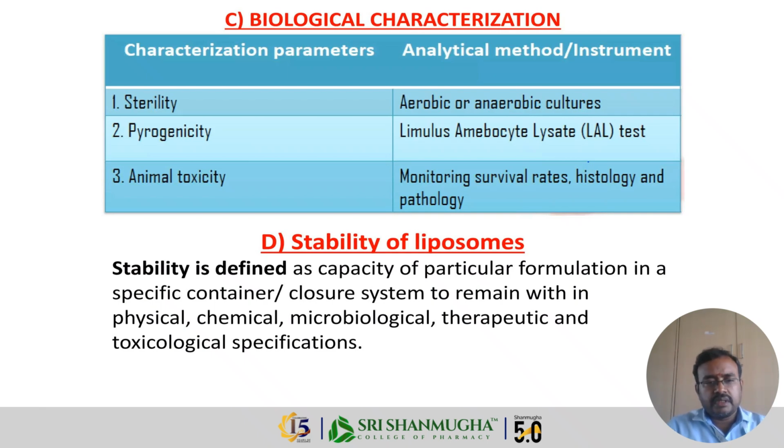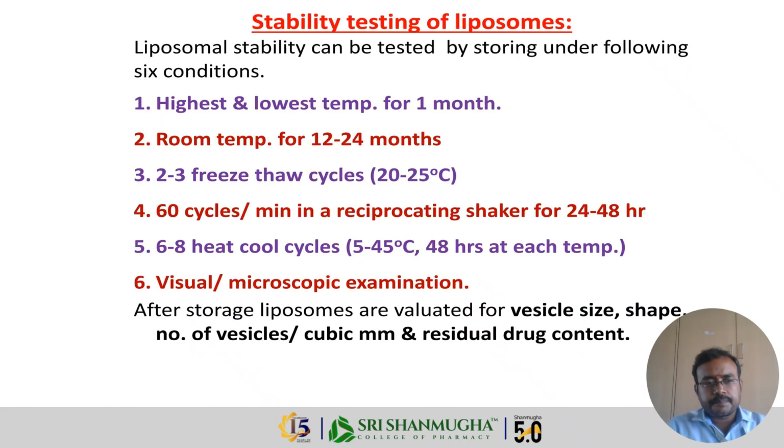We can go for any one of the stability methods. For stability testing of liposomes, we can go with high and low temperature for a minimum period of 1 month, room temperature for 12 to 24 months, 2 to 3 freeze-thaw cycles, a reciprocating shaker at 60 cycles per minute at 20 to 25 degrees for 24 to 48 hours, and 6 to 8 heat-cool cycles.